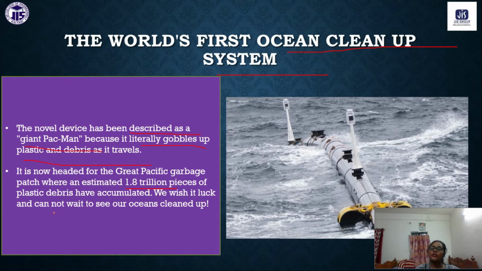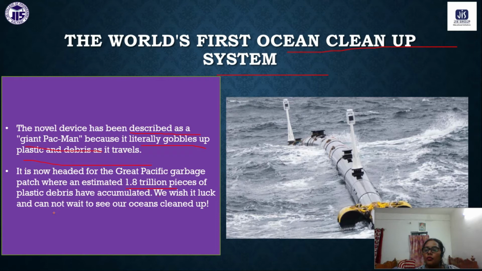Plastic is a non-biodegradable material, so we should recycle plastic materials, or we should reduce the use of plastic materials.